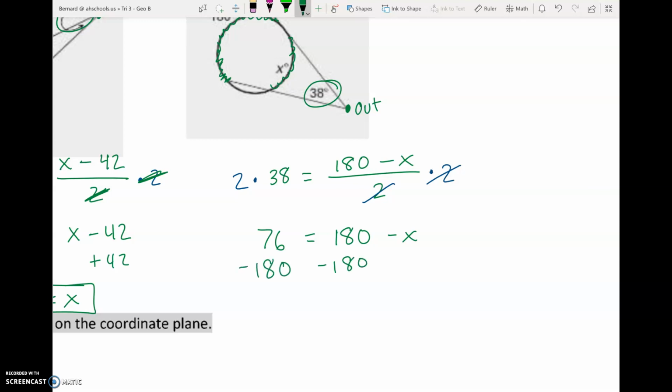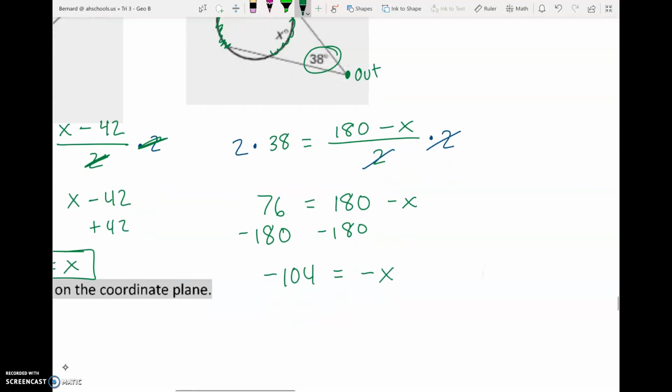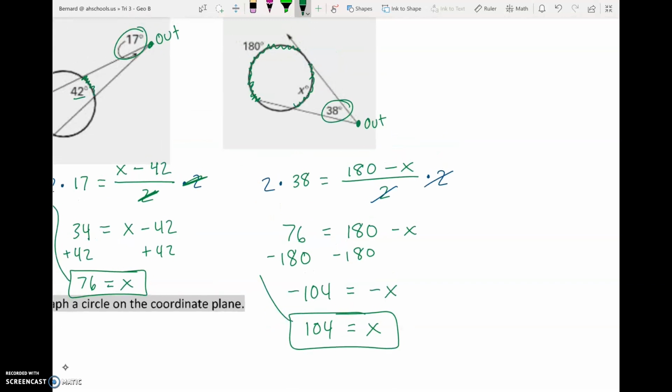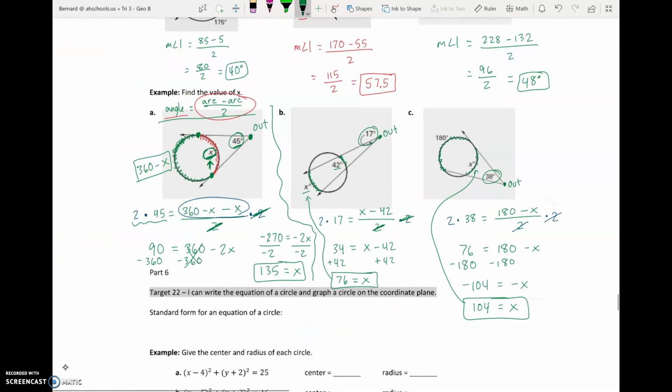And 76 minus 180 is negative 104, and that equals negative x. Now, we don't want negative x, but we can just drop the negatives or divide by negative 1, and that'll tell us that x equals positive 104, right? And so that just means that this littler arc right here is a 104-degree arc.